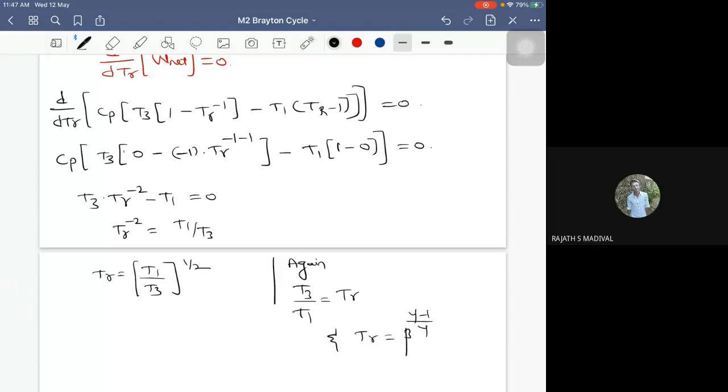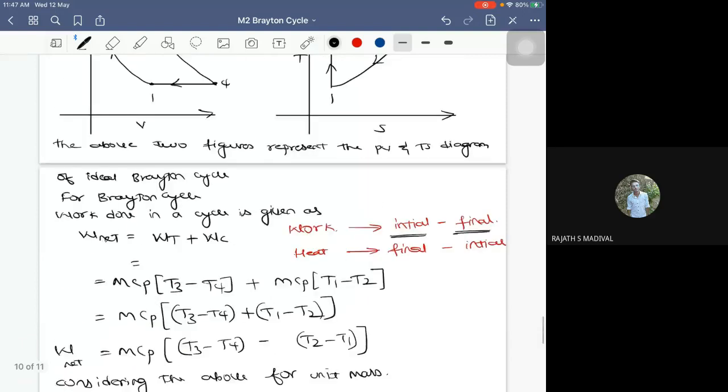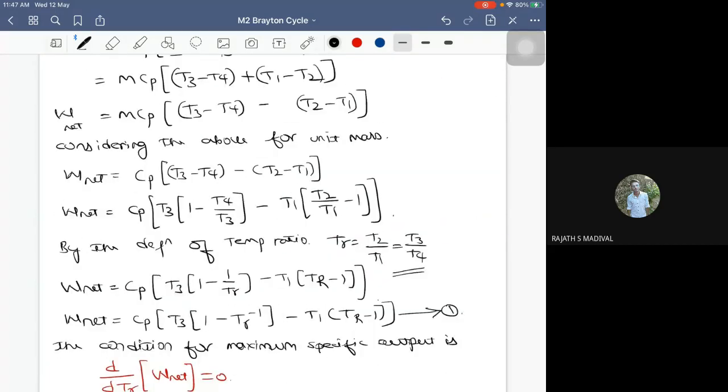Sir, how is T3 by T1 equal to TR, from the previous derivation? Take the 1/2 below, invert this. TR equal to T2 by T1 that is equal to T3 by T4. Correct? Now when I cross multiply this, what happens?